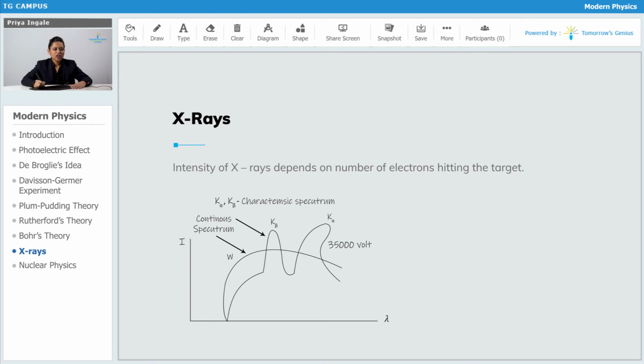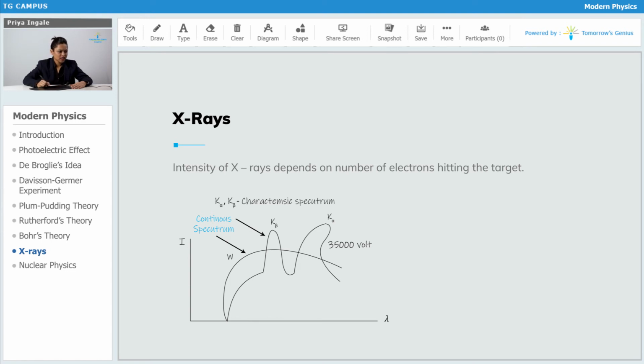Okay. Now here you can see the graph, right? The graph of intensity versus wavelength, and here you can see there are three different characteristics. This one is known as the continuous spectrum. I'll let you know what is the meaning.